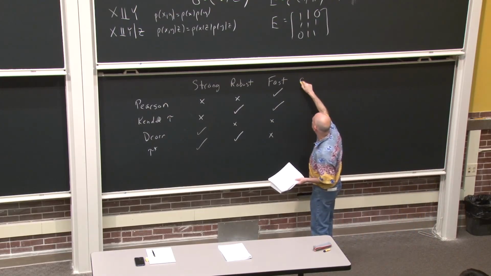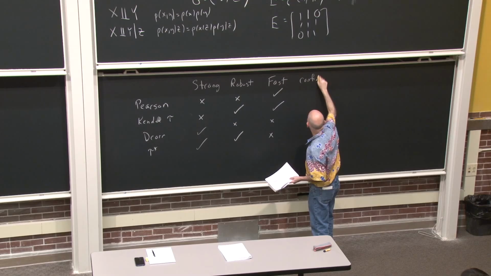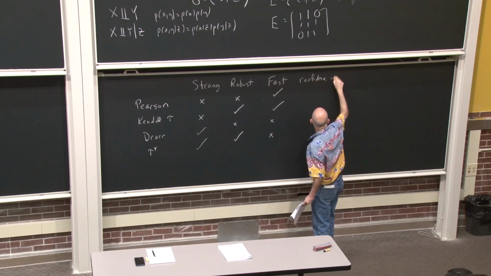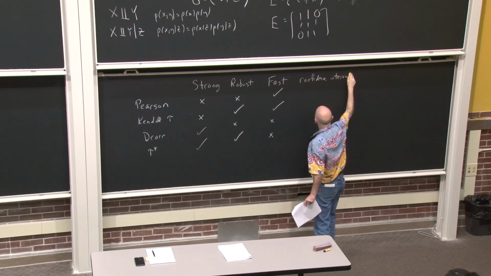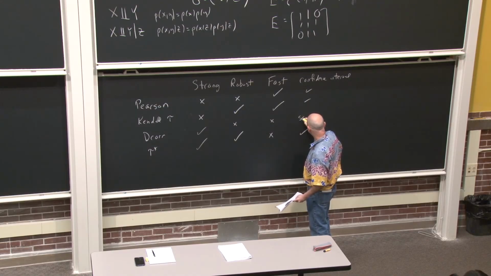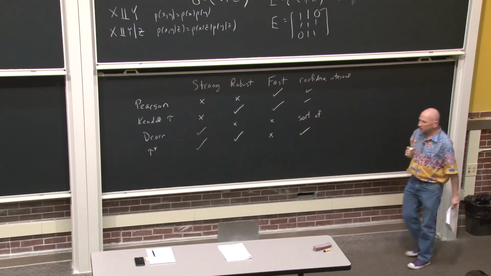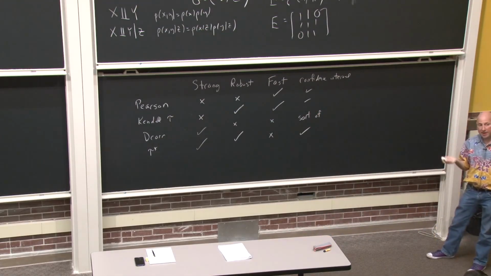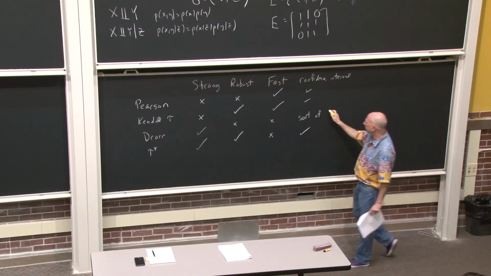So do we know how to compute a confidence interval? For these, yes, yes, yes. And for this one I'm going to put sort of, because this is largely an open question. I'm going to show you a way of computing a confidence interval, but it gives up a certain amount of information. As far as I know, how to do this statistically efficiently is still a bit of an open question.